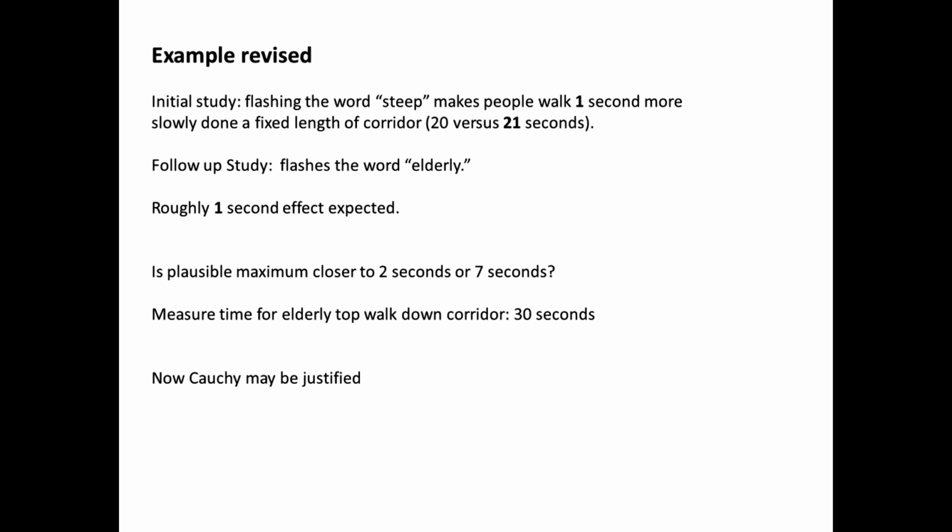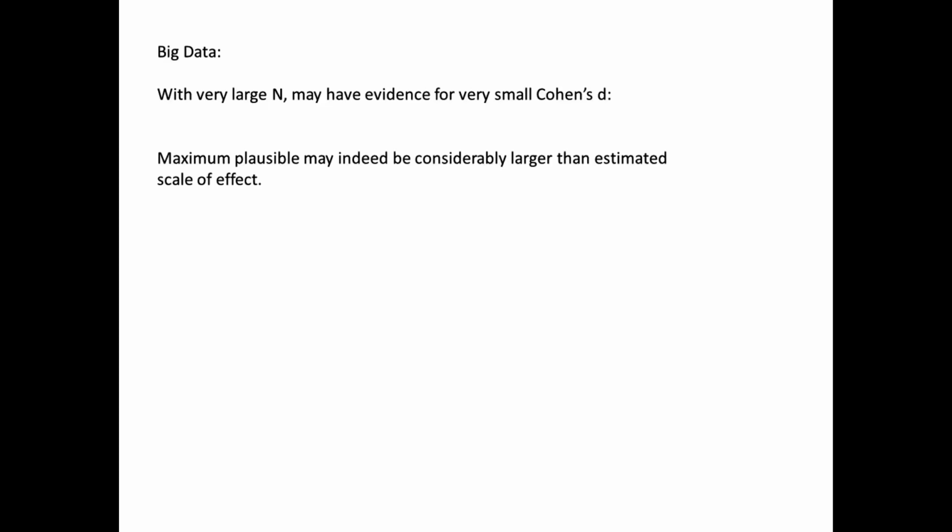You might want to wonder if that really is a plausible maximum, or if your plausible maximum, as I said, very hard to get a Cohen's d more than 1 in most cases. Not always, of course. Learning experiment, you can pump up your Cohen's d as much as you want. So now with big data, with very large n, you may get evidence for a very small Cohen's d.